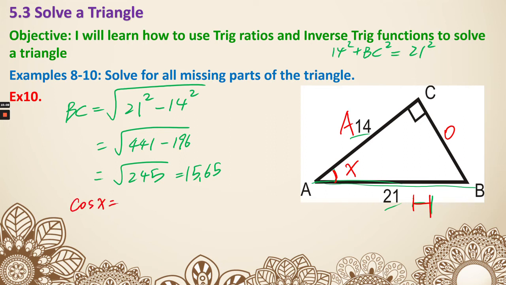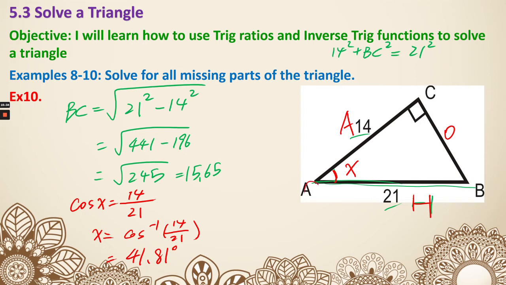Cosine x is adjacent, which is 14, over hypotenuse, which is 21. And that is going to give me x equals inverse cosine of 14 over 21, which should be 41.81 degrees.